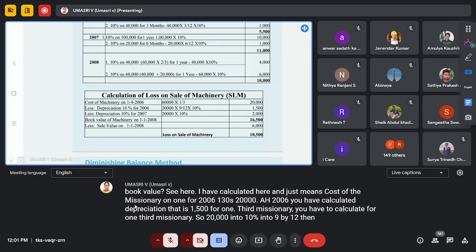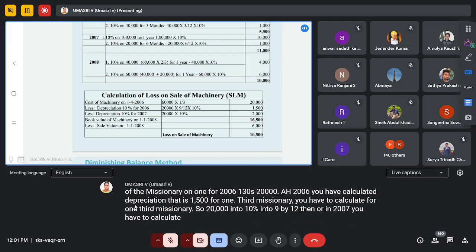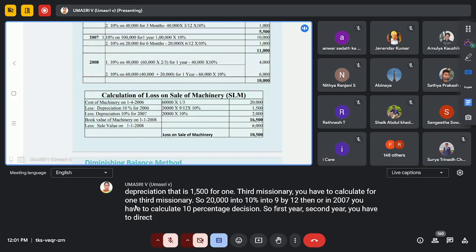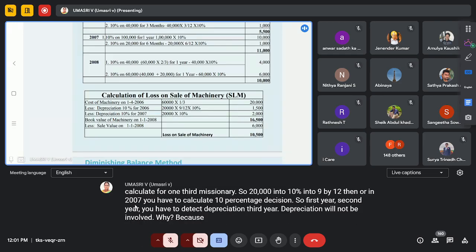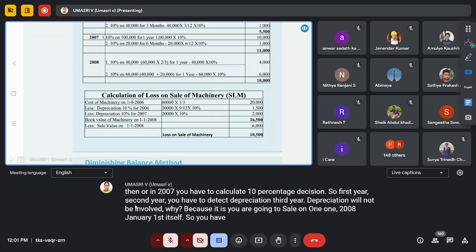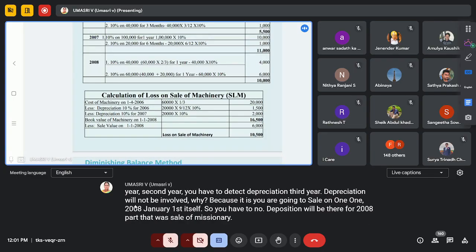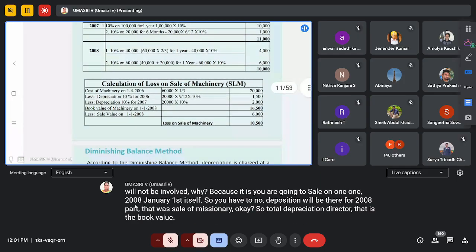Then in 2007, you have to calculate 10% depreciation. So for the first year and second year, you have to deduct depreciation. For the third year, depreciation will not be involved. Why? Because you are going to sell on 1/1/2008, January 1st itself. So there will be no depreciation in 2008 for that sold machinery. Total depreciation deducted, that gives the book value. The book value of the asset is 16,500.